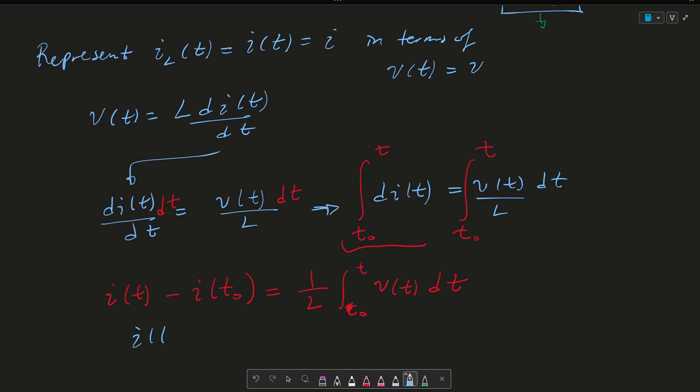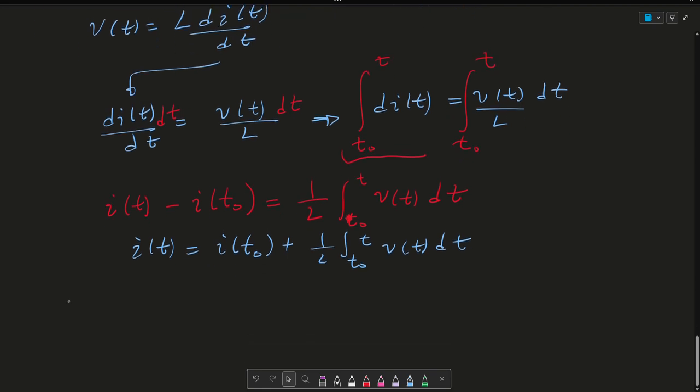Okay, so then we have i(t) equals i(t0) plus 1 over L times the integral from t0 to t of v(t) dt. If t0 is equal to 0, let's say i(t0) equals i(0) equals 0.